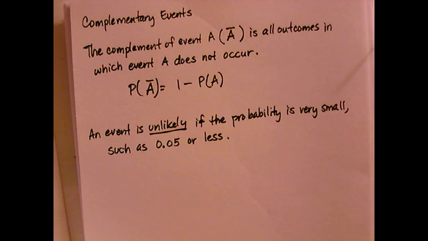And that also brings up another thing. An event has an unusually low number of outcomes of a particular type, or an unusually high number of those outcomes, if that number is far from what we typically expect.